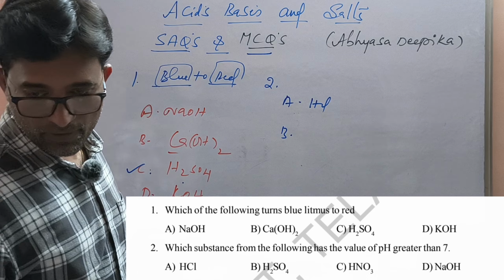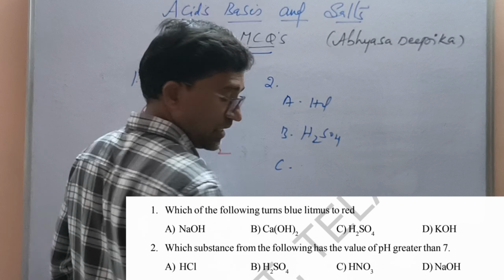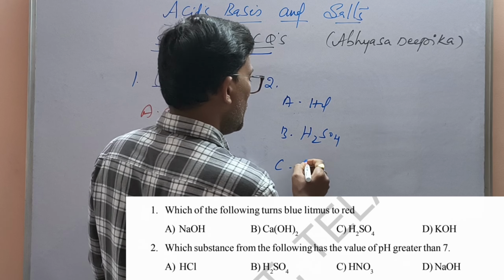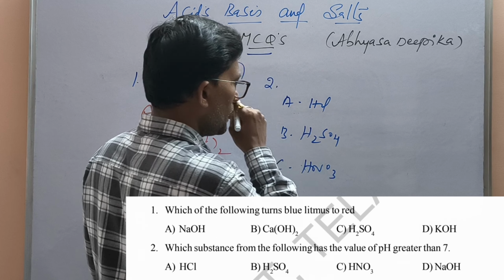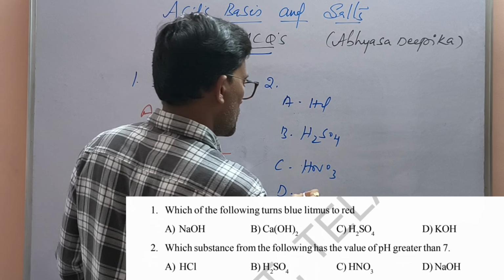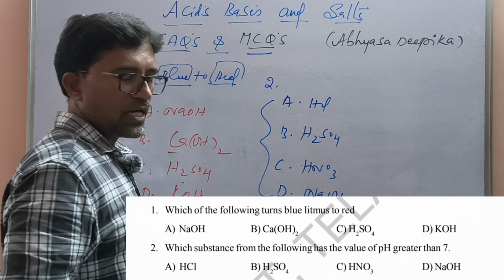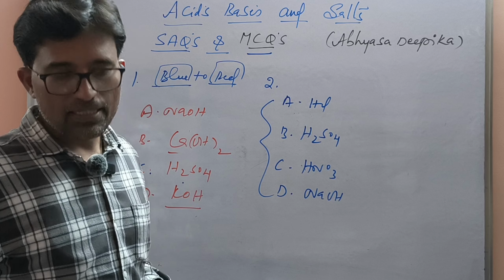B is H2SO4. And C is HNO3. And D is NaOH. So which of the following options has a pH value greater than 7?